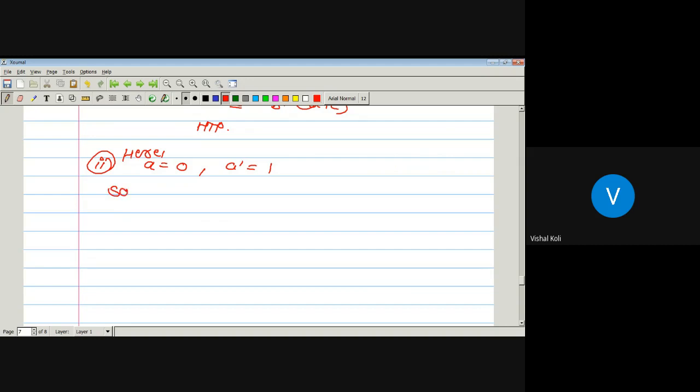So consider A meet B dash join A dash meet B. A is 0, so this is 0 meet B dash join 1 meet B. The meet of any element with 0 is 0, and the meet of any element with 1 is that element itself, that is B. Again, the join of any element with 0 is that element, which implies A meet B dash join A dash meet B is equal to B, and that is what we have to prove.